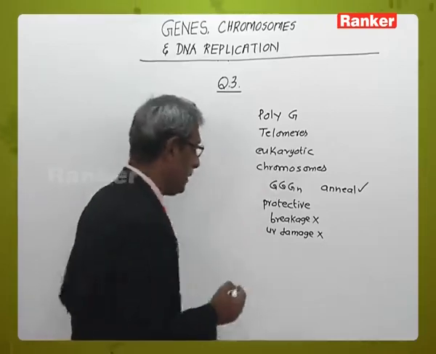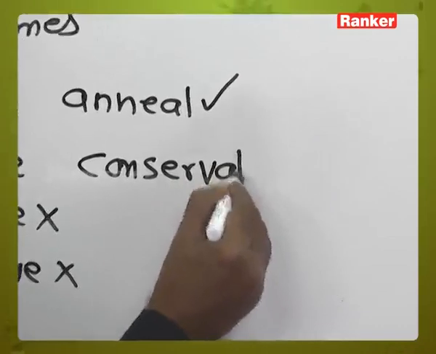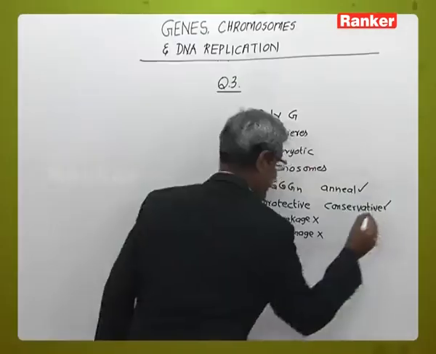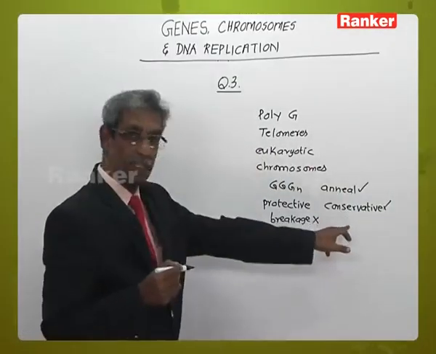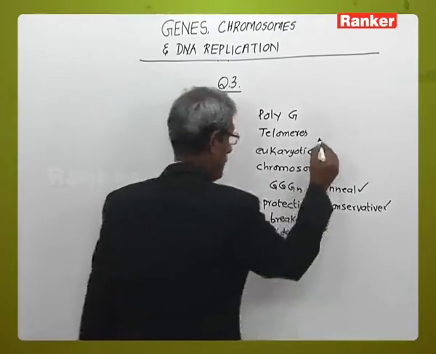So in G there is a conservative sequence, and because of that conservative sequence, the chromosome is retained during evolution.